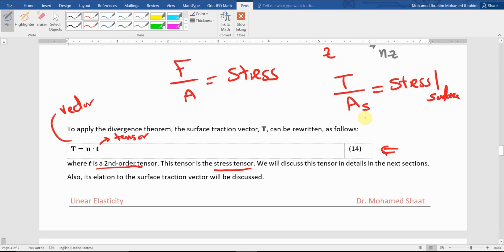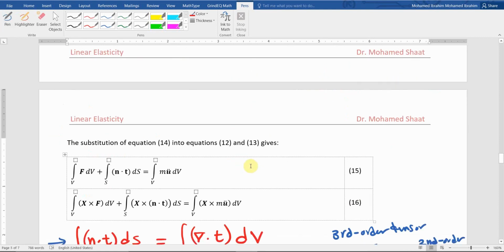So if we converted this force, or simply we can relate this surface force to the stress inside the core, which is this T. Make sense? In continuum mechanics, we used to give it the name sigma. I'm going to let you know how we derive the sigma now.